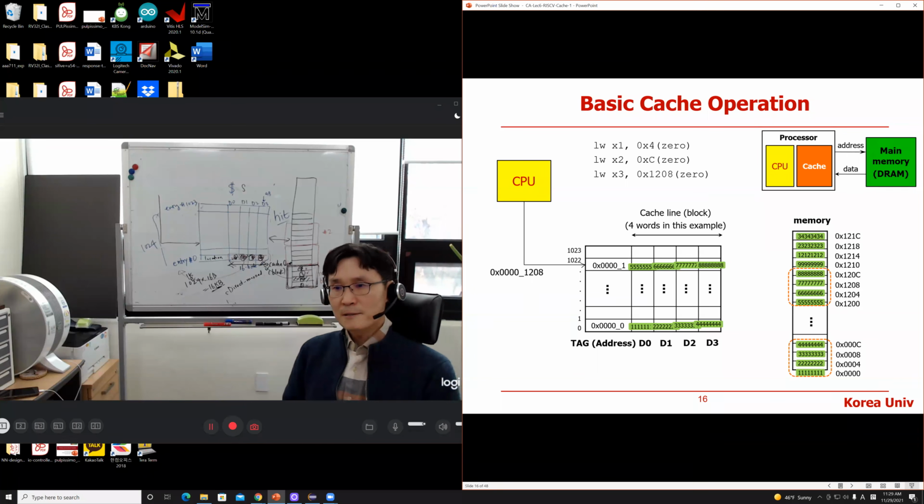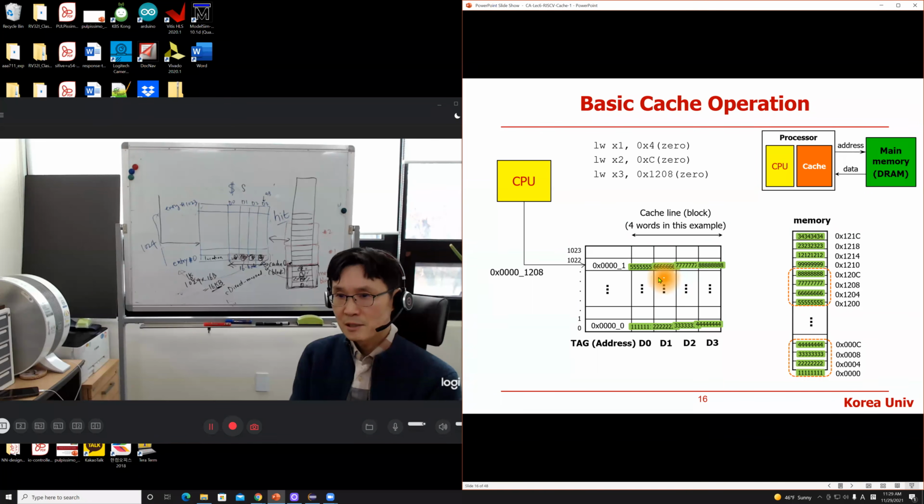Does it make sense? Any question? So by having this long cache line, you can exploit locality properties in your program.